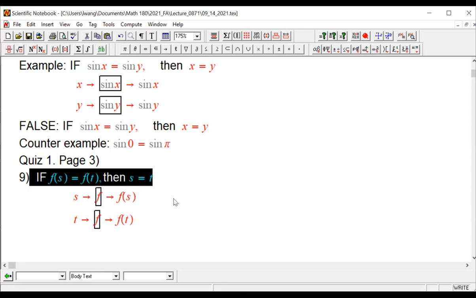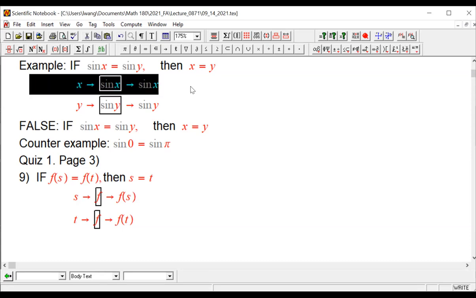Is this true? Because when someone says something like this, that person believes it's true. Is it safe to say that if the function is one-to-one, then it is true? Well, we don't have that condition. We don't know if f is one-to-one or not. The answer is false, because we already have a counterexample here.